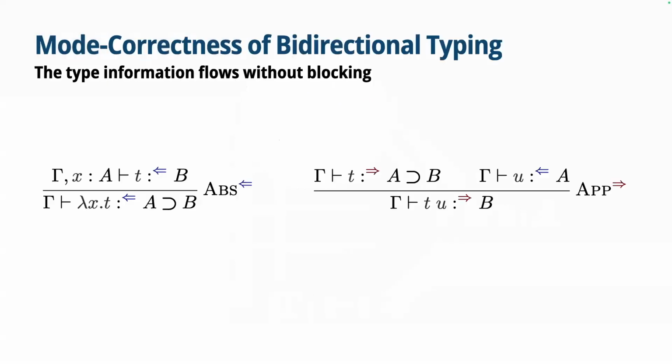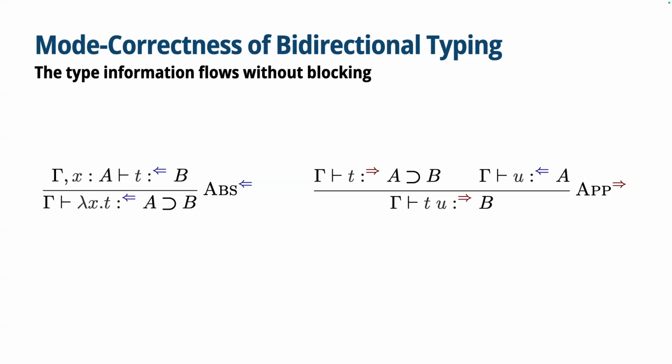Okay. And so there's one more condition for a bidirectional type system. Not every bidirectional type system can have a type synthesis function derived, but we need to know that the information flow does not get stuck in between.